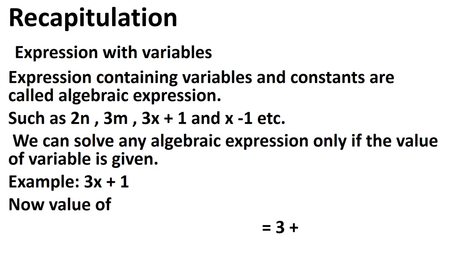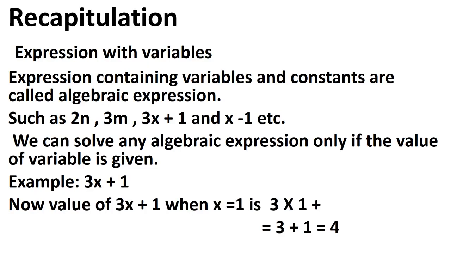This is an expression with us. Now the value of 3x plus 1 when x equal to 1 is 3 multiplied by 1 plus 1. Means in place of x, if we write down 1, then we can find out the value of 3x plus 1.